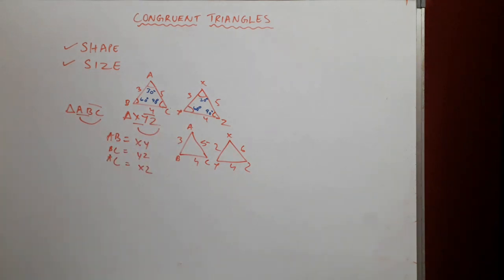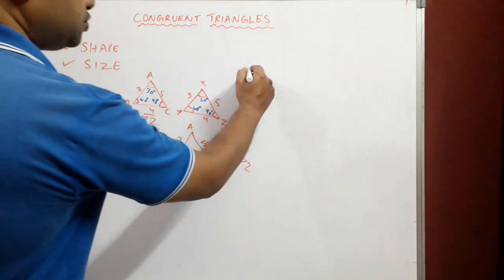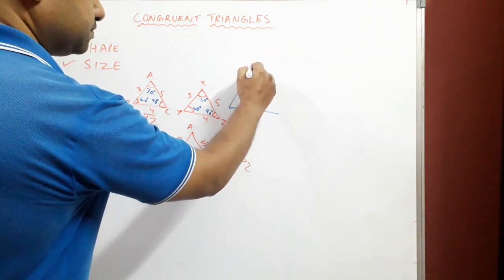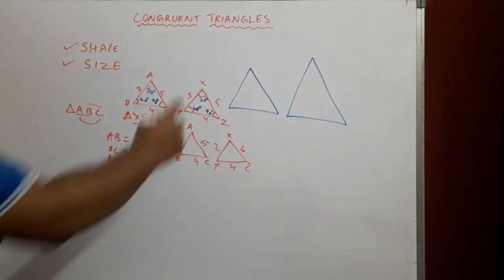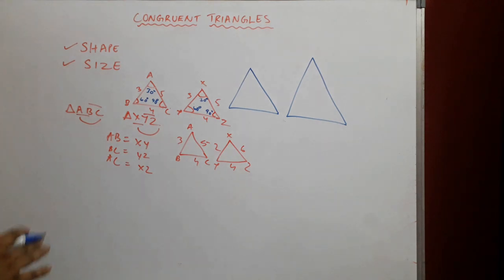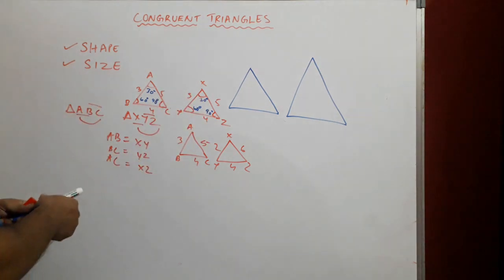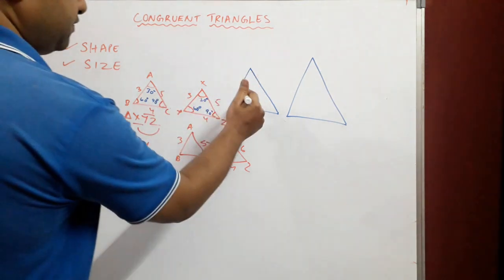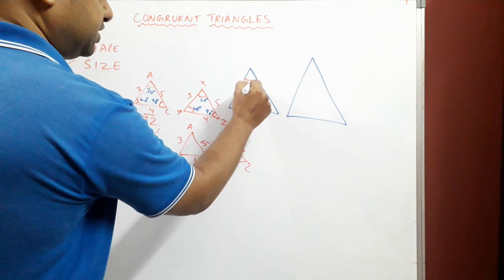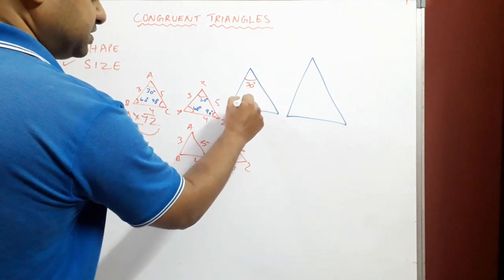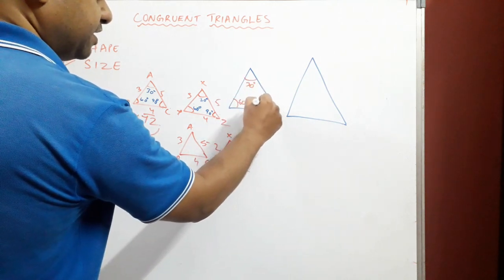But one needs to note, it is not enough for the angles to be equal. So what I'm trying to say over here, let's take two triangles. Both are of the same shape. We are not looking at their sides, they look of the same shape, and let's take the same angles, 30, 60 and 90.